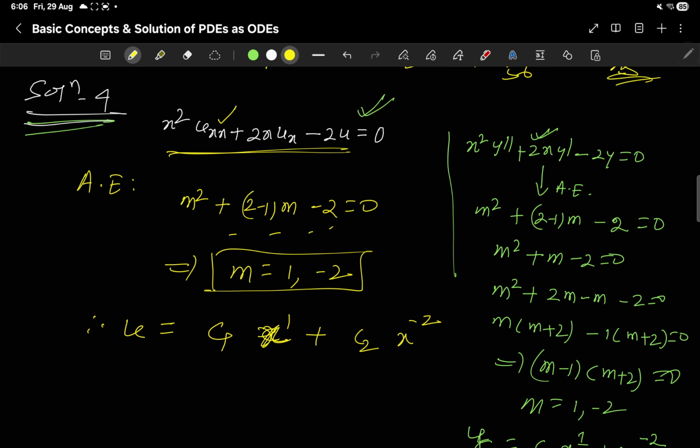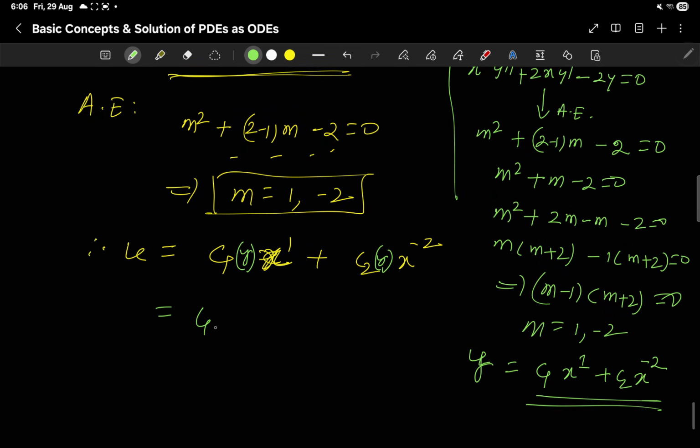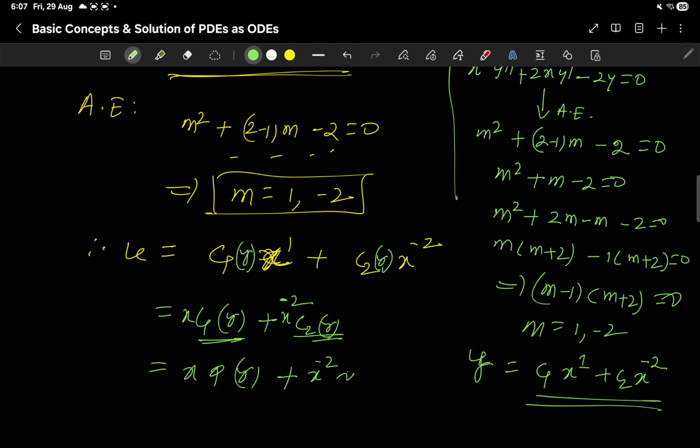But since this is u_xx, the opposite variable will be involved here. So this will be x c1(y) plus x to the power minus 2 c2(y). We may write it as x phi of y plus x to the power minus 2 psi of y. So this is my answer.